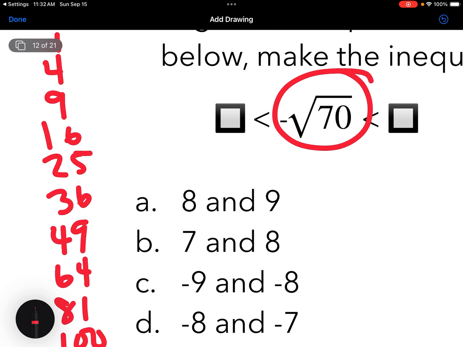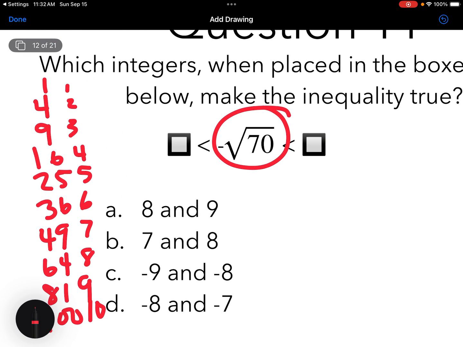And I know that's 1, 2, 3, 4, 5, 6, 7, 8, 9, 10. All right, so 70 is going to fall right here between these two.